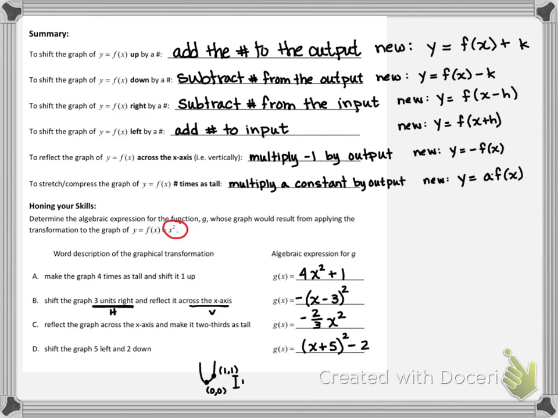If instead of x squared, I put x to the third right here, that would be the graph of x to the third shifted up 1 and stretched by a factor of 4. We can start with any of our base functions and use these transformations to transform that graph.